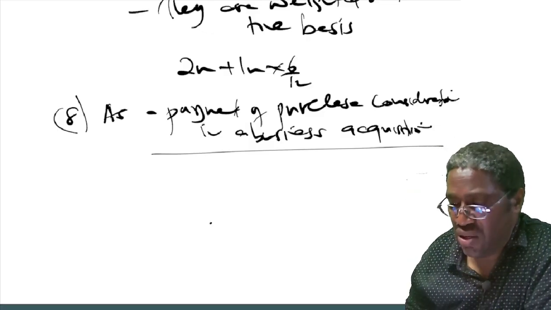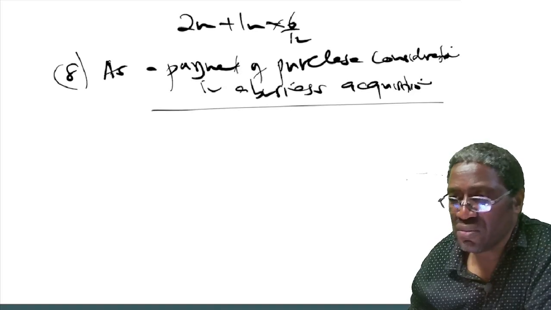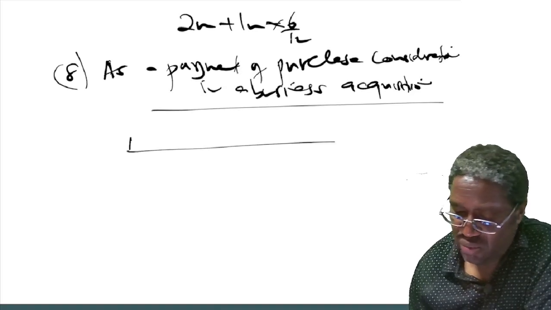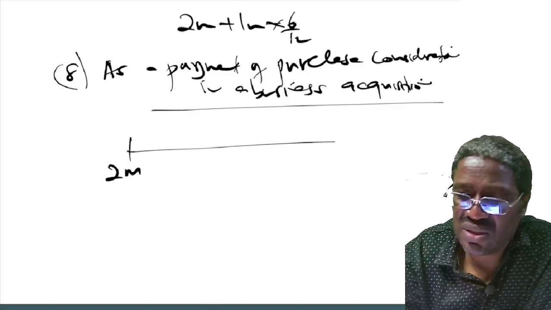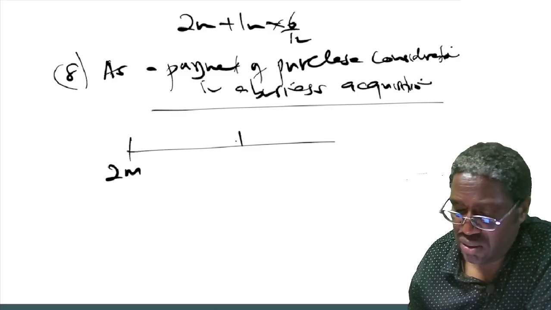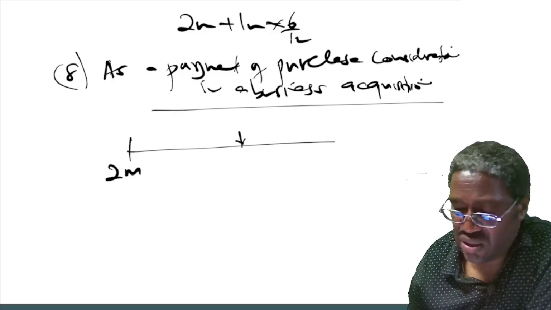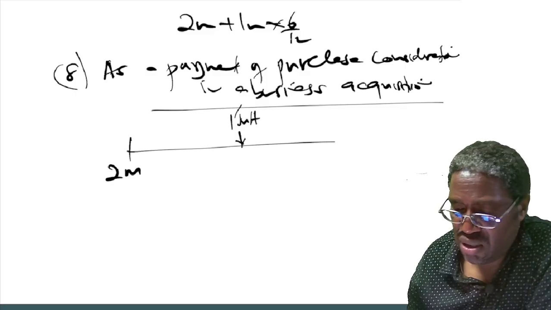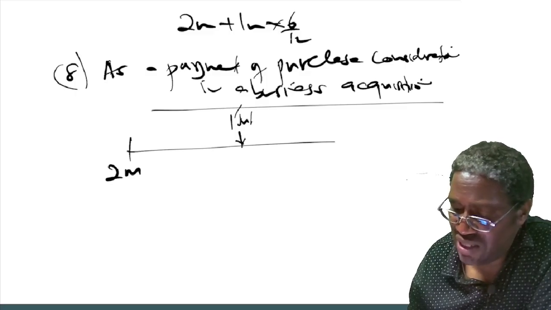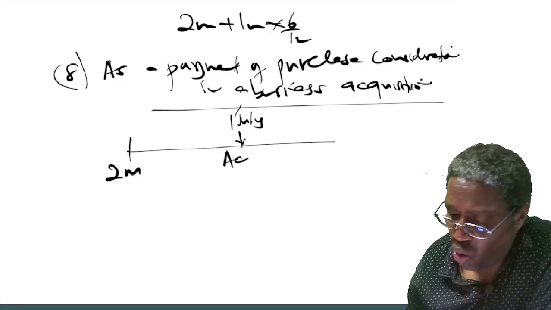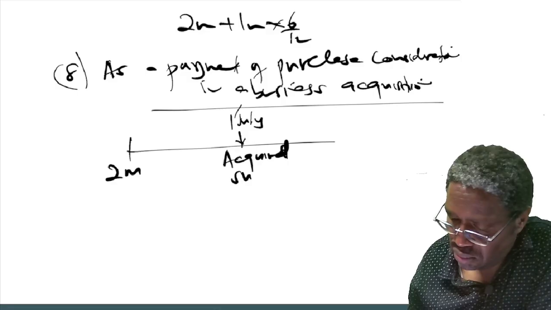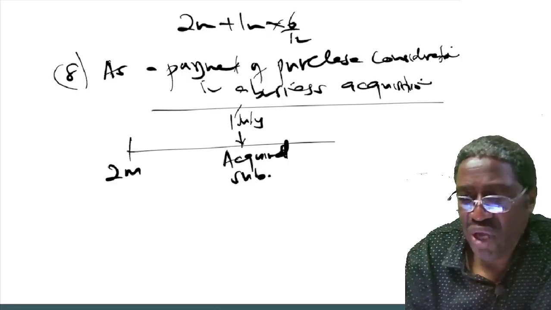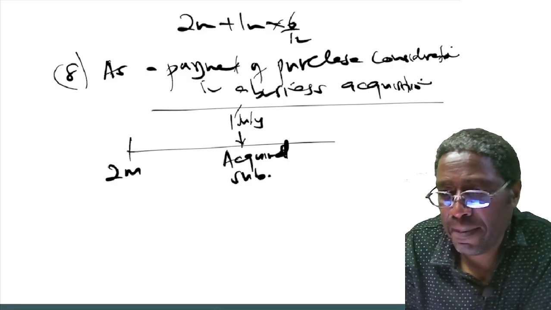Now listen to my point. We began the year with 2 million. On 1st July, as a company, we acquired a subsidiary company.